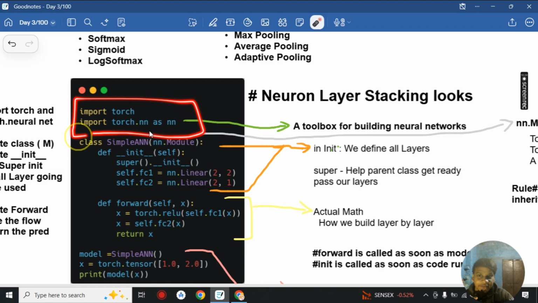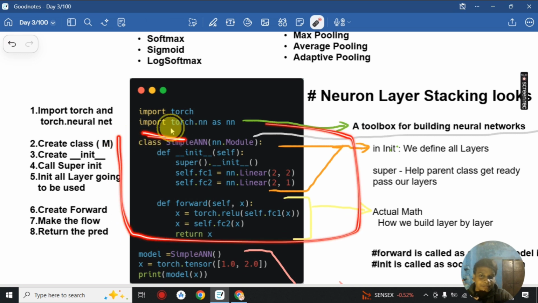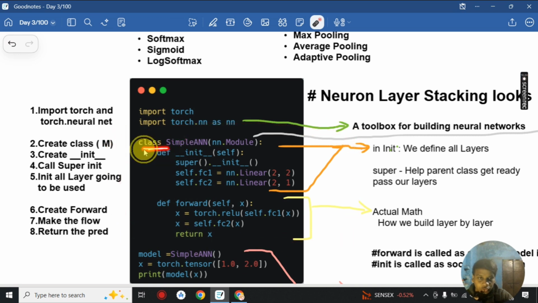First we import torch and torch.nn, then we make a class where we have our two functions, first is init and second is forward. In the class we inherit nn.Module, which is important for our automatic gradient calculation.